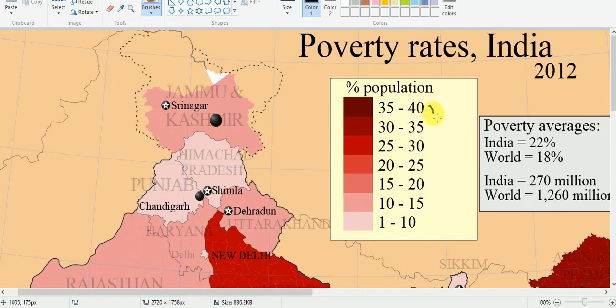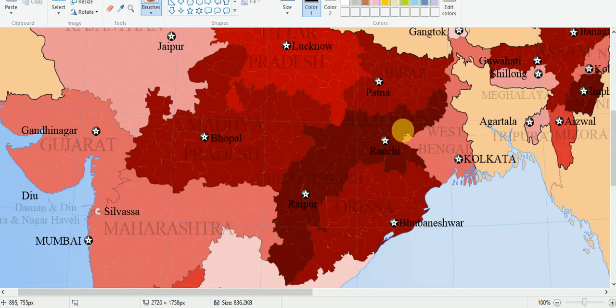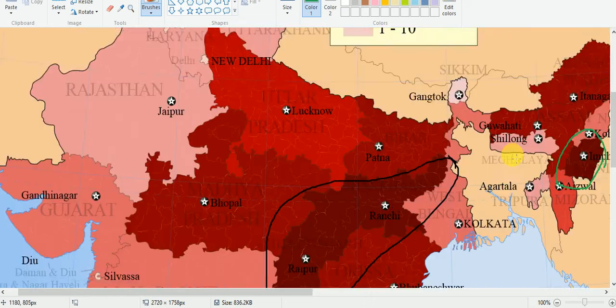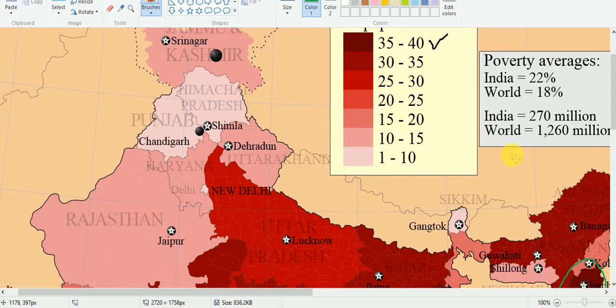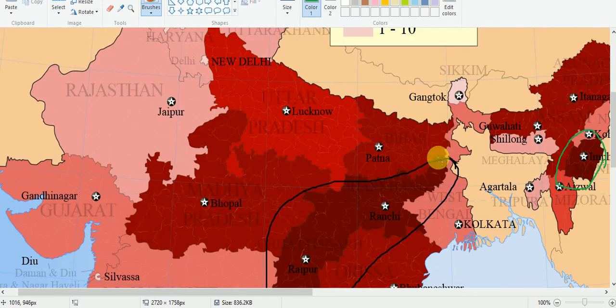The darkest one represents 35 to 40% of population below the poverty line. Just see here, Jharkhand, as I have already told you. Then here Manipur is also scoring high in the matter of poverty. So Manipur, Jharkhand, and some other states are there.